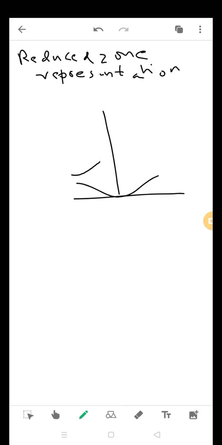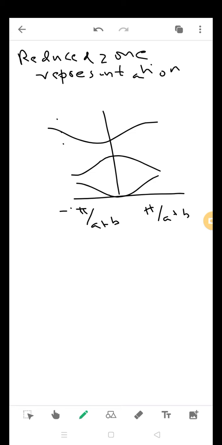So this is the first Brillouin zone between minus pi by a plus b and pi by a plus b. The next Brillouin zone starts like this. So this is E and this is your k.